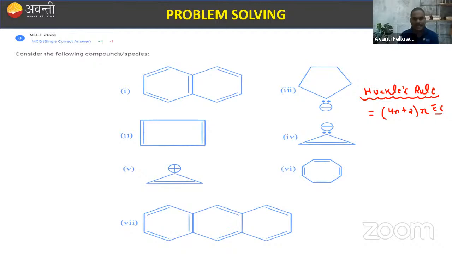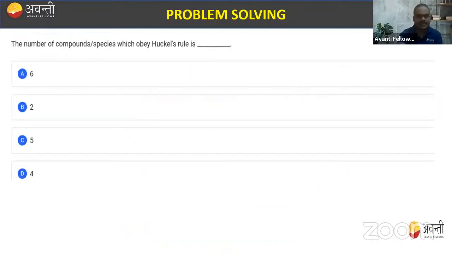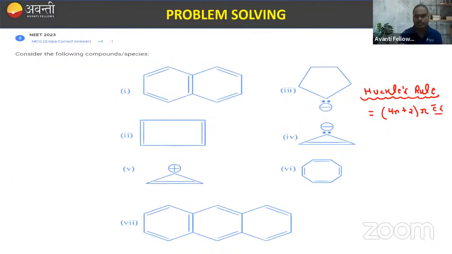Out of these, which of the following will follow this? Consider the following species and identify the number of compounds or species which obey Huckel's rule.